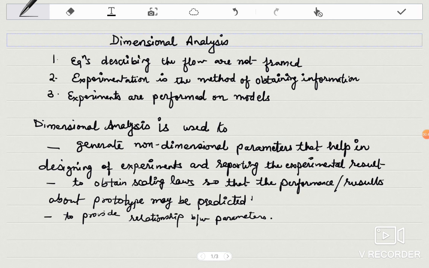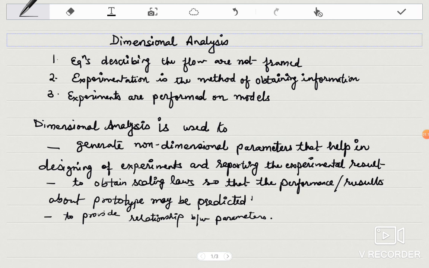There may be a situation where the equations are not framed, but you know the parameters involved in a physical phenomenon through some experiment, and then we want to present this experimental information in terms of non-dimensional parameters.